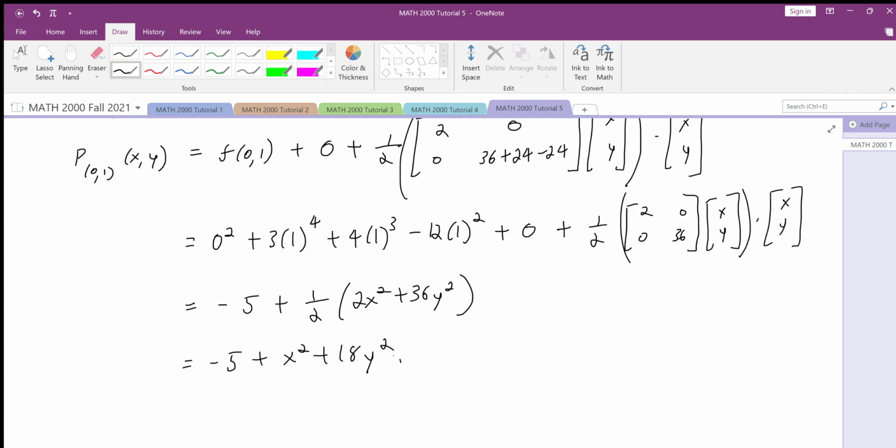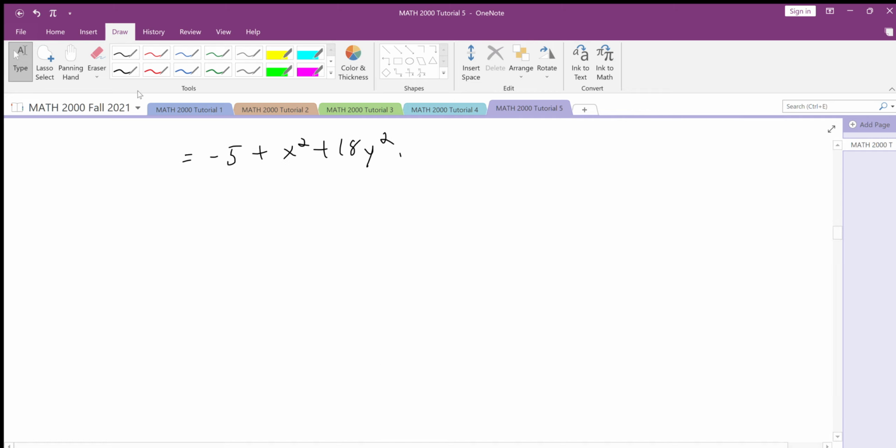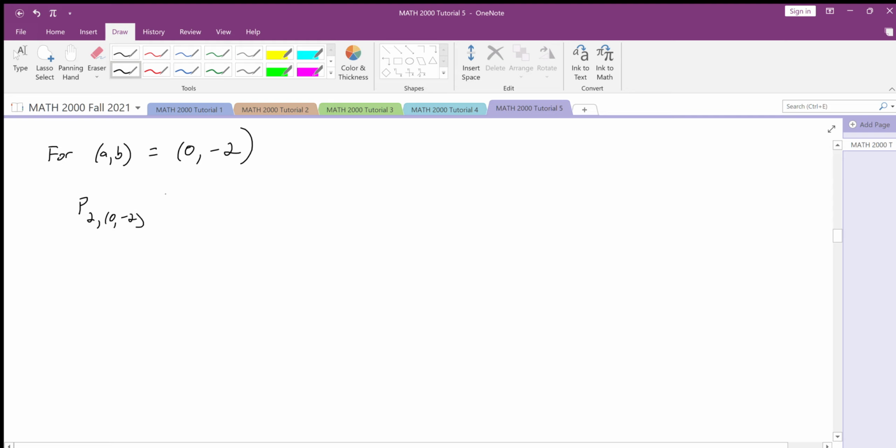Okay. So next, the question asks us to do it for the third critical point, which is (0, -2), I believe. Yeah, (0, -2). So P2 at (0, -2), (x, y). And that's just f of (0, -2) plus 0, because the gradient is just 0 in this case.